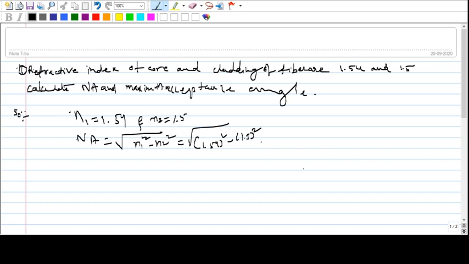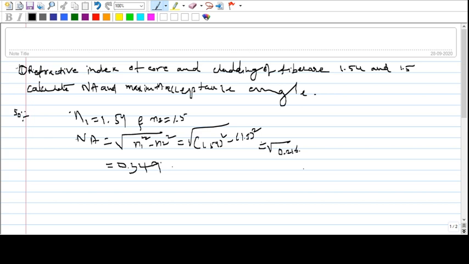The value is the square root of 0.216. The final numerical aperture value is 0.349.